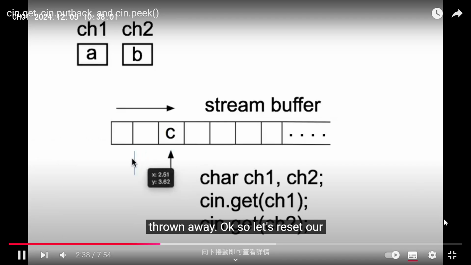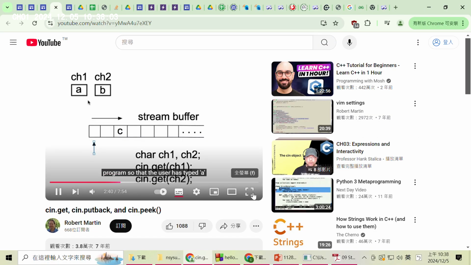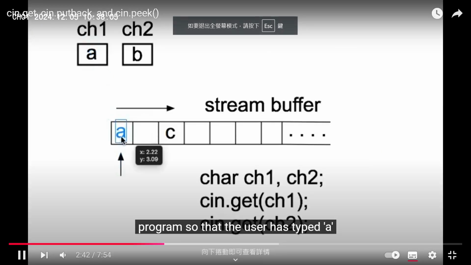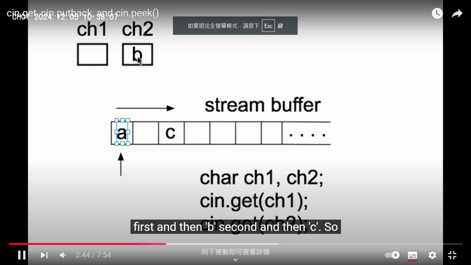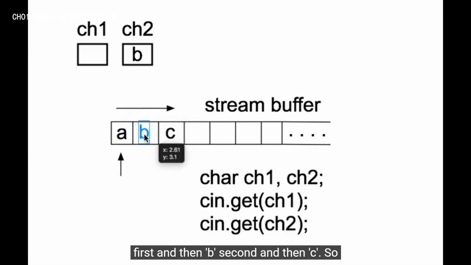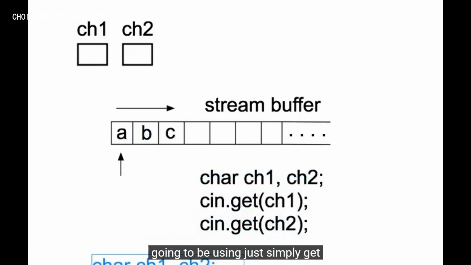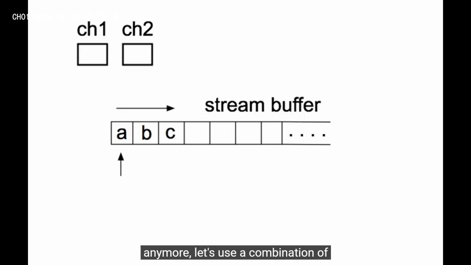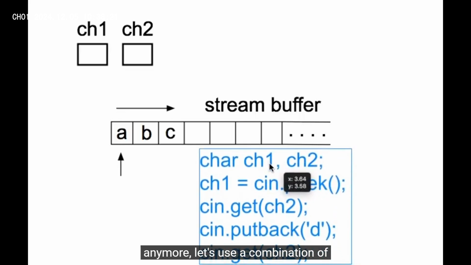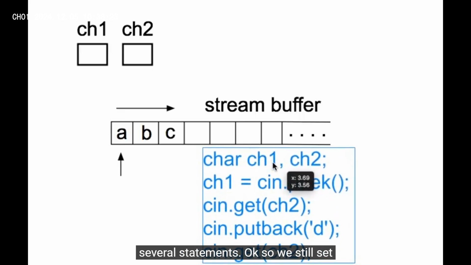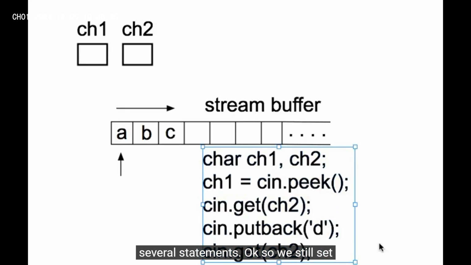So let's reset our program so that the user has typed A first, and then B second, and then C. So the first thing to be read will be A. But let's change our program, and we're not going to be using just simply get anymore. Let's use a combination of several statements.